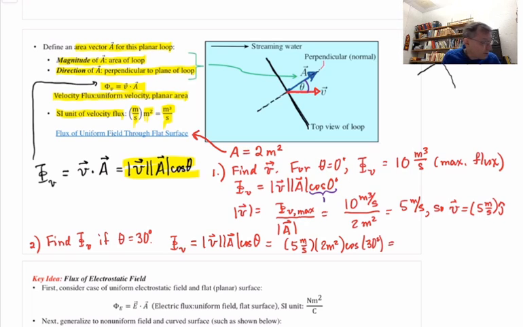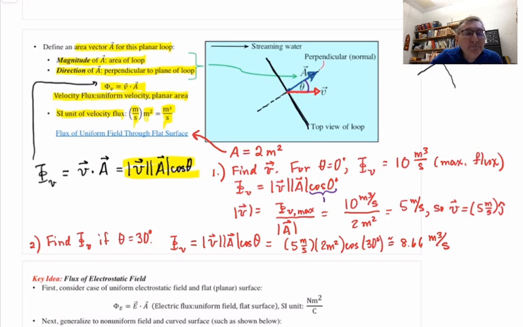Right? That's what I'm told to do. So that's 10 times cosine 30. That's, if I give you 3 sig figs, about 8.66 meters cubed per second will flow through. Less than the maximum velocity flux of 10 meters cubed per second, but still pretty good.